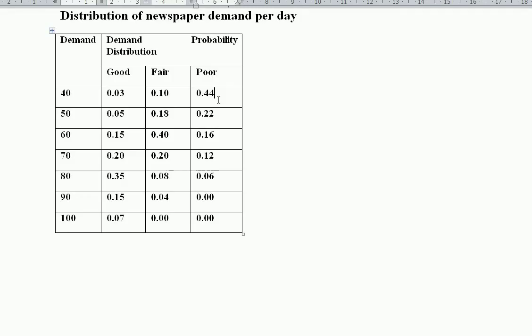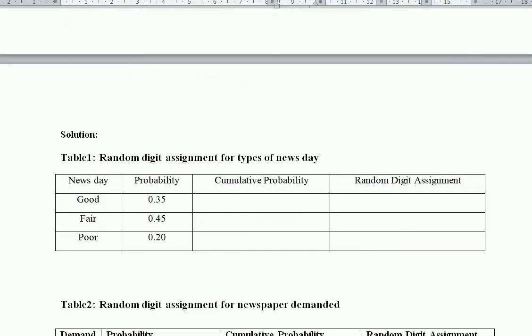This is the question they have given. Now let us see the solution and how we are going to find the profit.